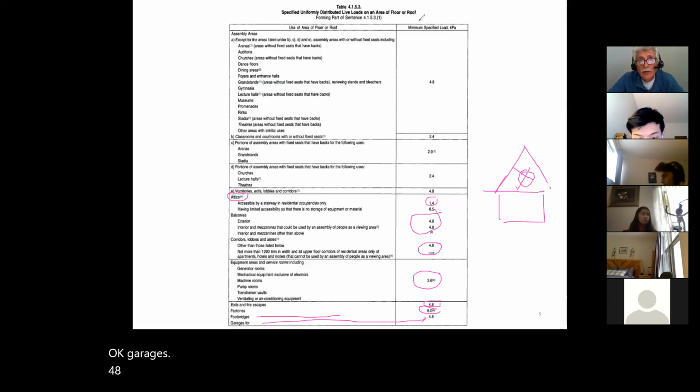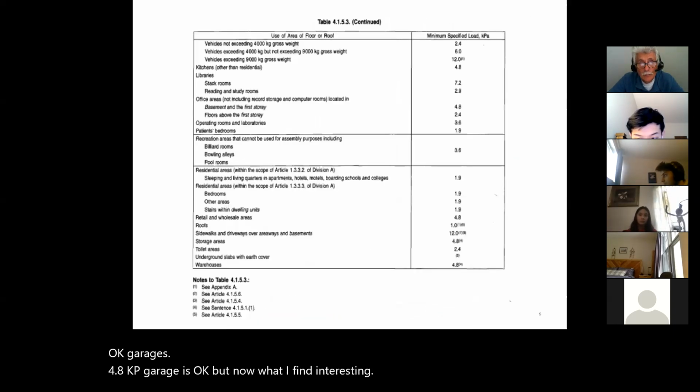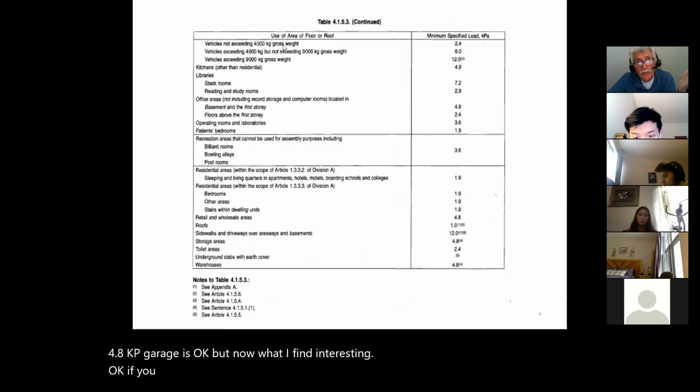But now what I find interesting, if you have garages for vehicles not exceeding 4,000 kilograms.